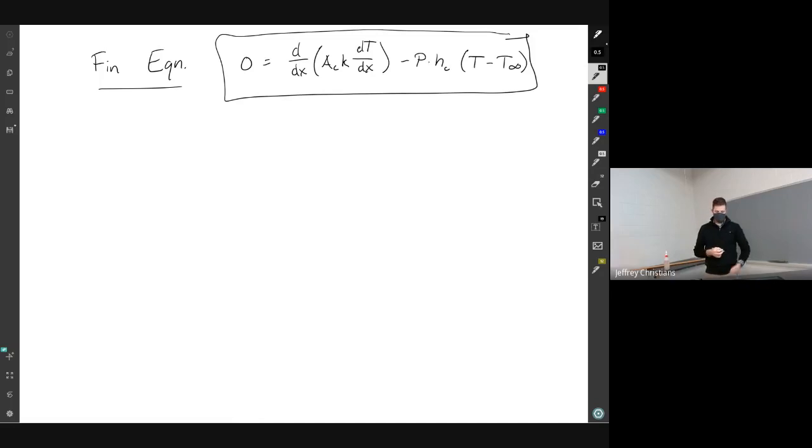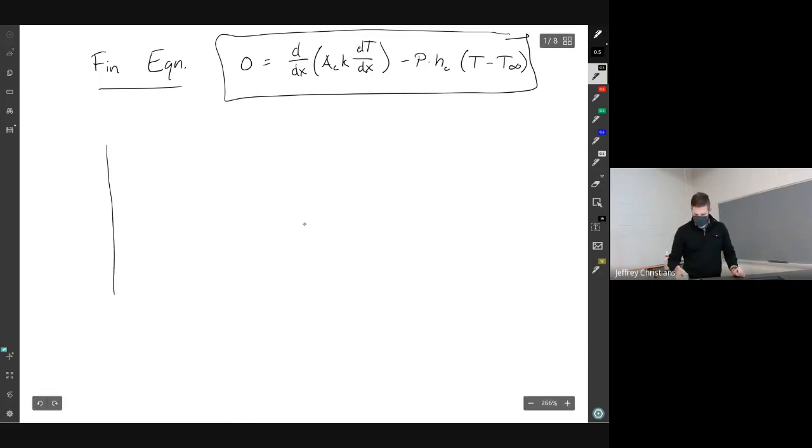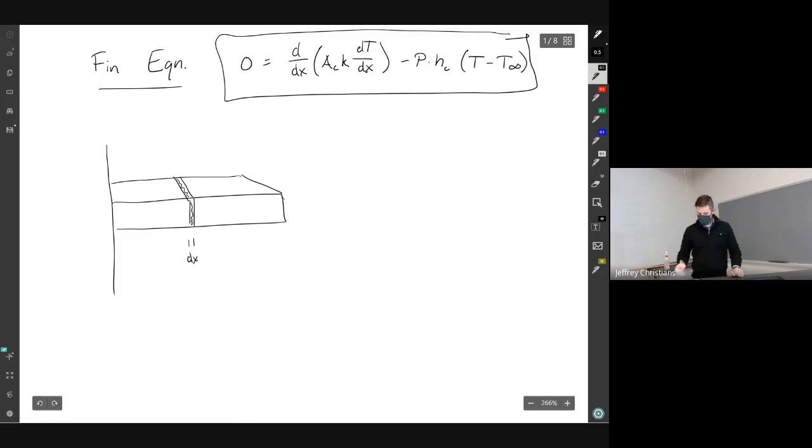Right, we're looking here at this equation for something that came from a system like this, where we had obviously our fin, and then we took a small differential slice, dx, and said there's conduction happening in this direction.